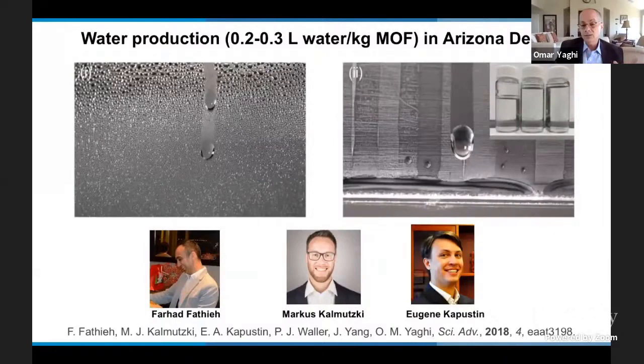So at night you're exposing the moth, taking up the water. During the day you're releasing it, and the moth stays in the device, and you can use it again and again. Our idea is that the moth is used over and over again. It takes up the water, releases the water. You can collect the water and use it, and then you can start the cycle again, and the moth can stay in the device for many years.